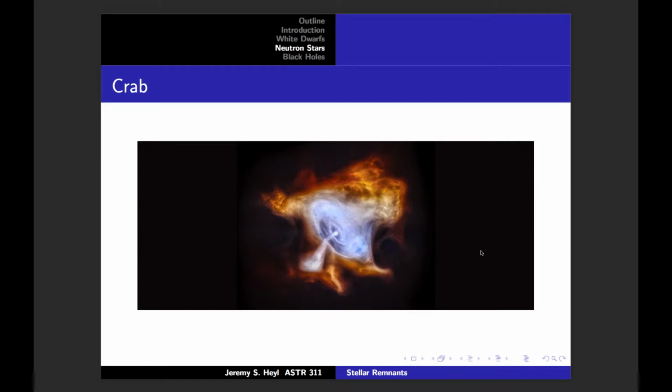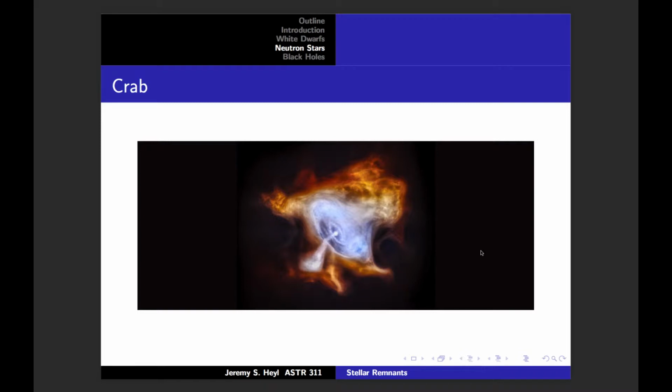Now, if we look at more massive stars, we remember that they have these supernova, and these supernova make neutron stars. So here is the center of a supernova remnant called the Crab supernova remnant. And we know it's a supernova remnant because people observed the supernova in the year 1054.